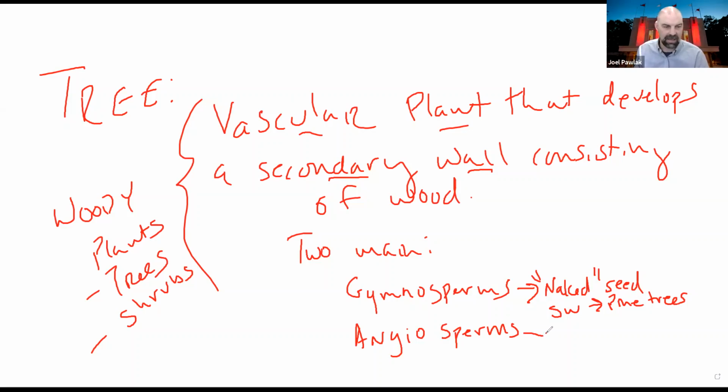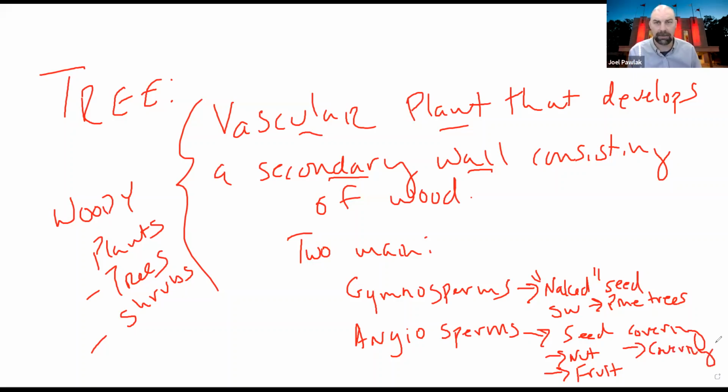Angiosperms, on the other hand, have a seed covering. So that seed covering could be a nut, it could be a fruit, it could be just a simple, right, covering on the outside.